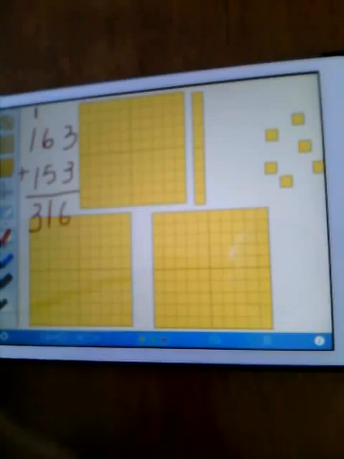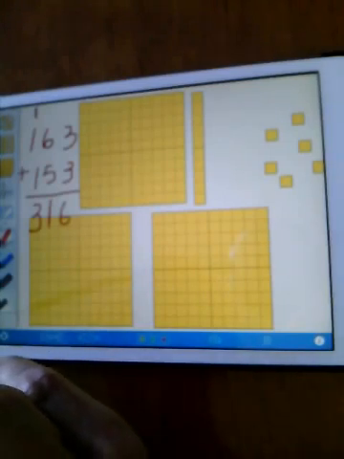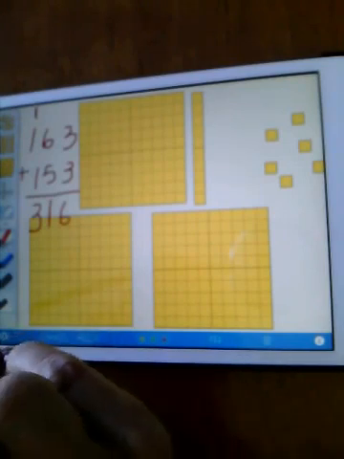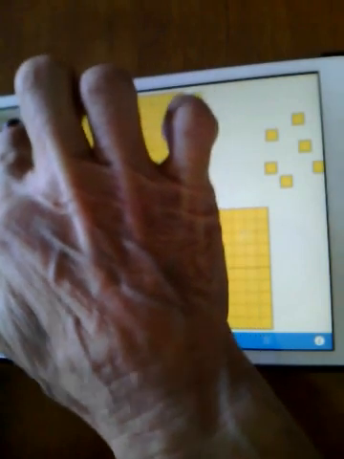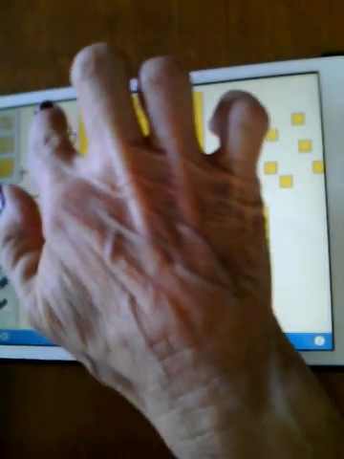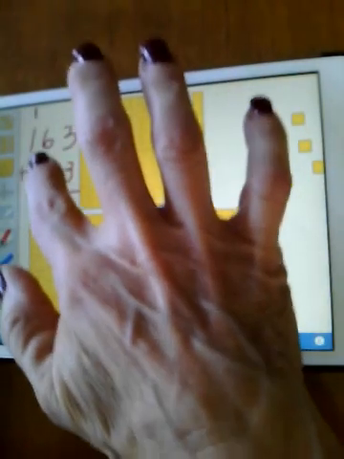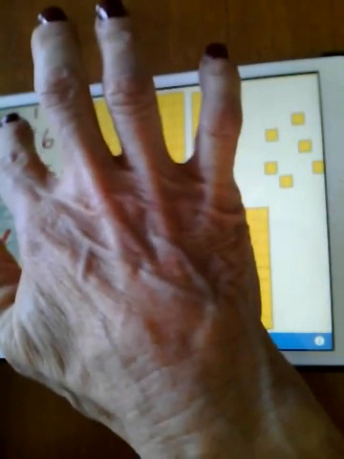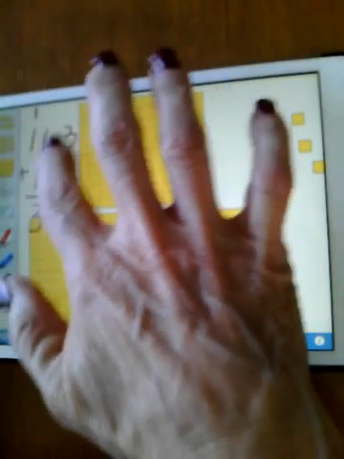Okay, so just remember 10 or more in either of those columns, and you need to trade. And don't forget that you have to show when you trade you have an extra. Either in the tens column when you trade you're going to have an extra 10, so you have to show that. Or when you trade 10 sticks for an extra 100 block, you have to show that up here. And then do your adding in your column.